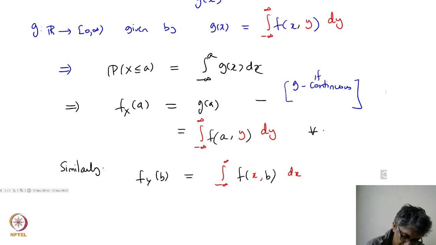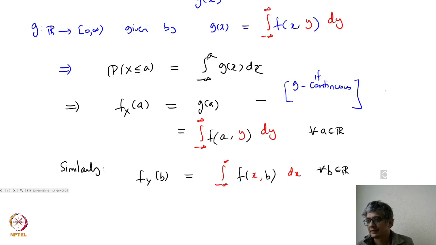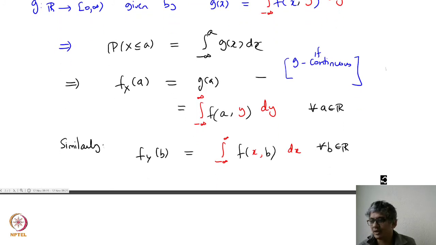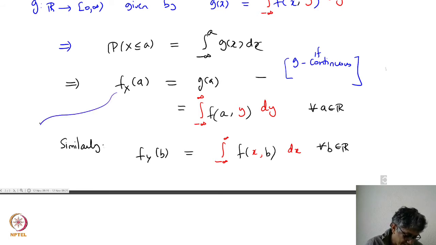This is true for all a and b. So now this is quite interesting. From the joint density, you can get the two marginal densities. So these are called the marginal densities.